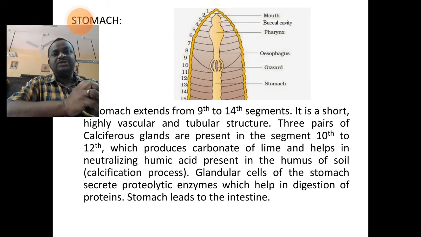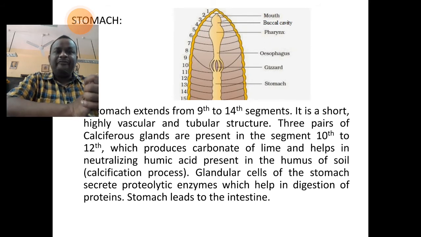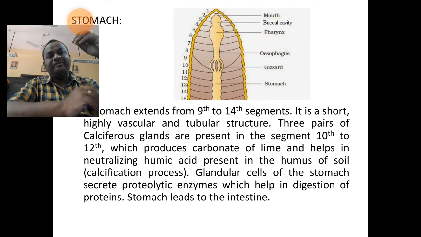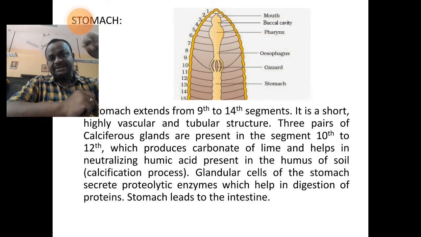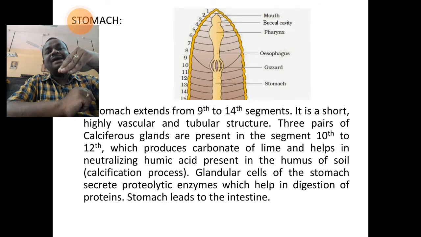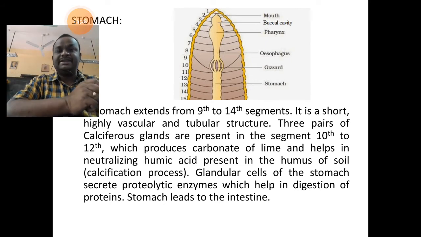They produce carbonate of lime. In simple terms to say, calcium carbonate. This calcium carbonate is added to the food. We know the earthworm will feed on the soil particles, and soil will commonly contain humic acid. So, this humic acid compound is neutralized by the calcium carbonate secreted by these calciferous glands.